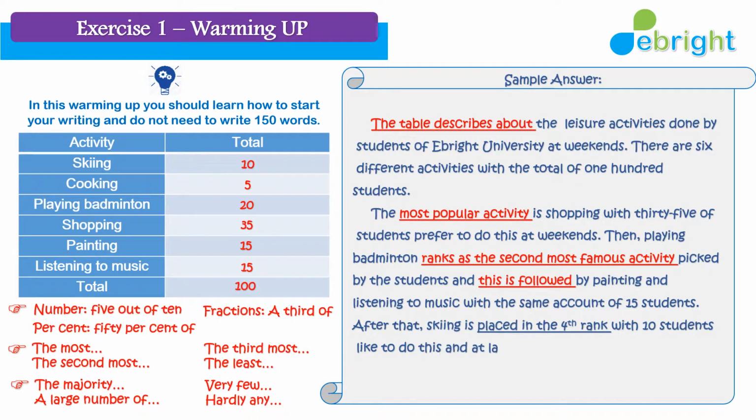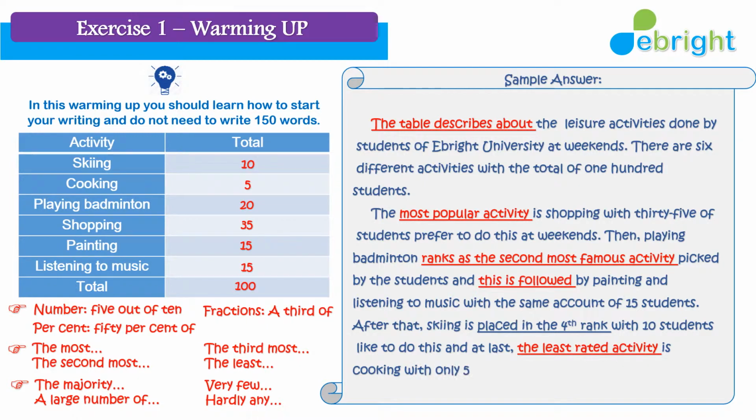And at last, you've got the word "and" over there. It shows your ability to make complex sentences by joining clauses. At last, the least rated activity is, of course, cooking.